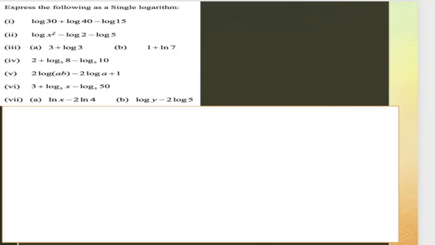So let's look at these activities that we have here. I'm going to do some of them, and then you can complete the rest in your tutorial class. Just to give you an idea of how to approach log questions. So if I have log 30 plus log 40 minus log 15, let's look at that one.